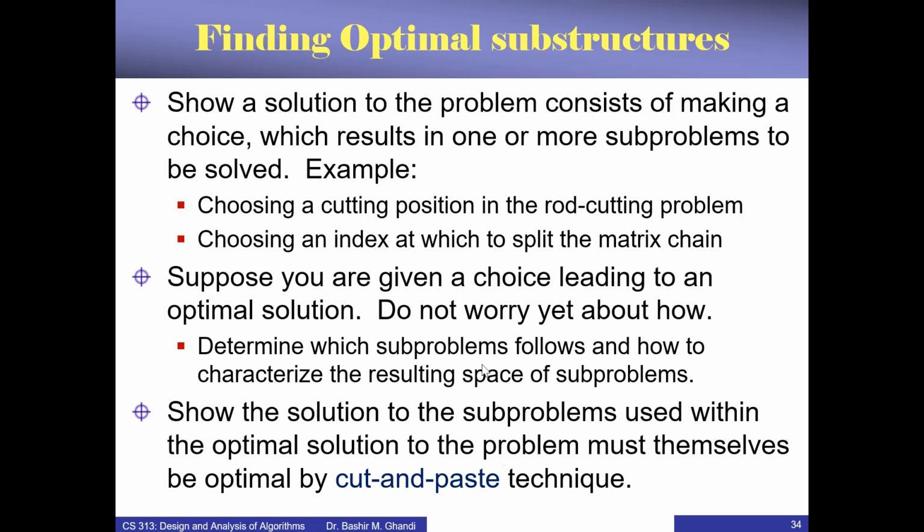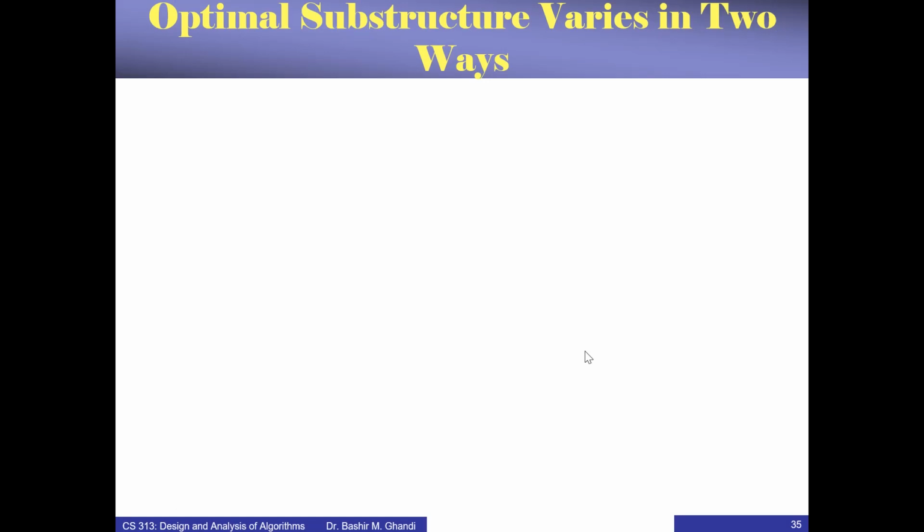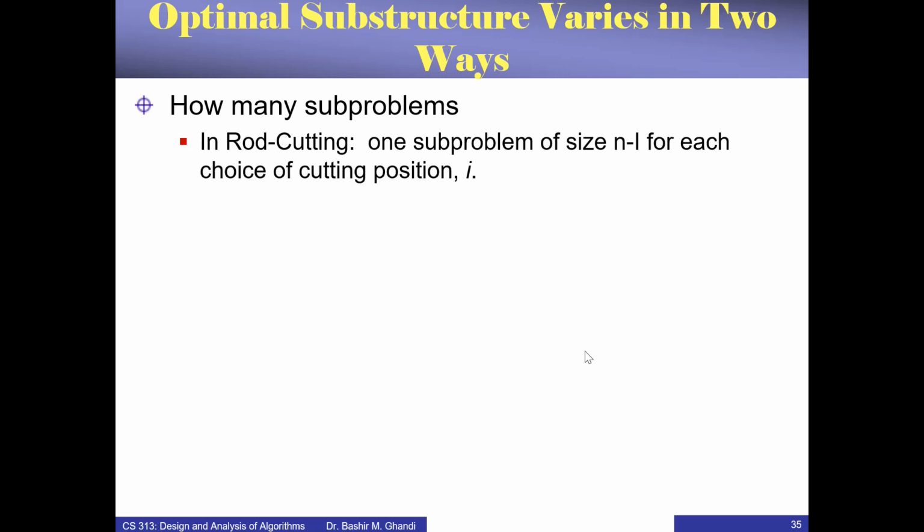So it's usually easy to prove that the structure you came up with is actually an optimal substructure. Now, optimal substructures can vary in two different ways, and both are important points to note if you are trying to solve a problem using DP.